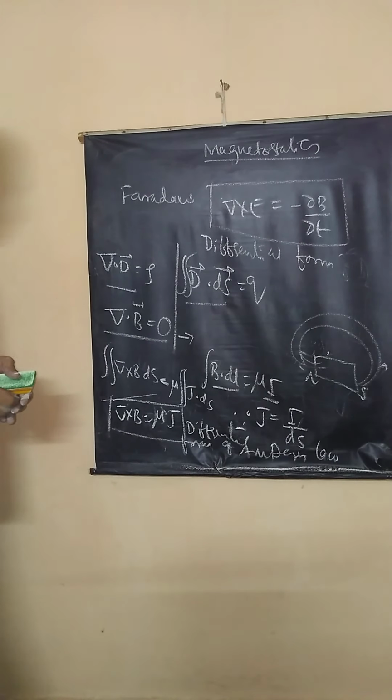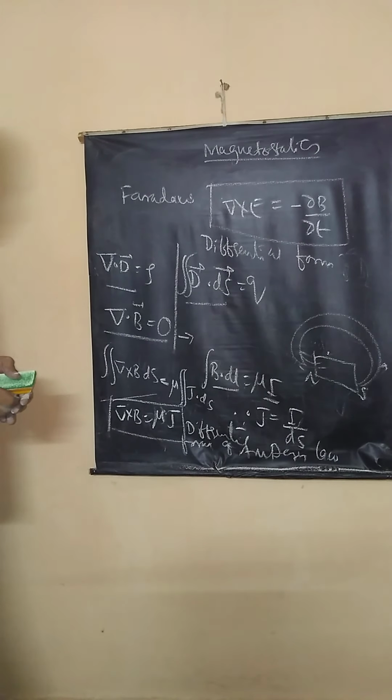Now I'll show you the fourth equation. This is Faraday's law. This is the fourth Maxwell's equation in differential form. Okay? First Maxwell equation, second, third, fourth equation. What is the integral form of Faraday's law? We just have learned E dot dl is equal to minus dou B by dou t into ds.